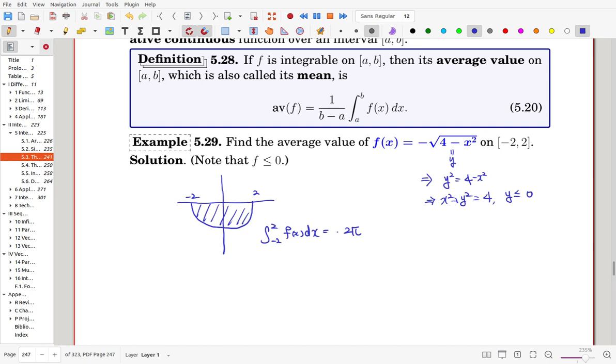However, the function value is negative, so it's -2 pi. So the average value of f is 1 over b minus a, so 2 minus -2, times -2 pi. That is 4, so it is minus pi over 2, right? That's the final answer.